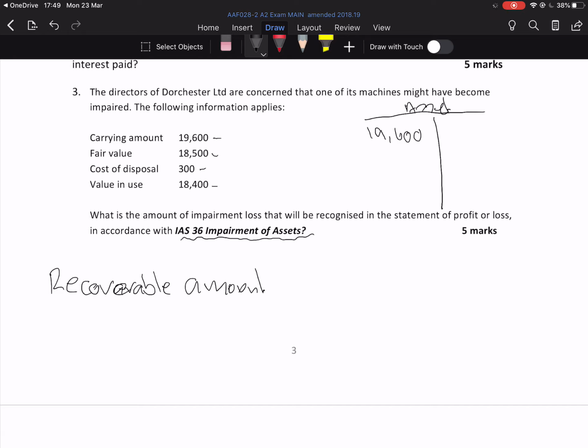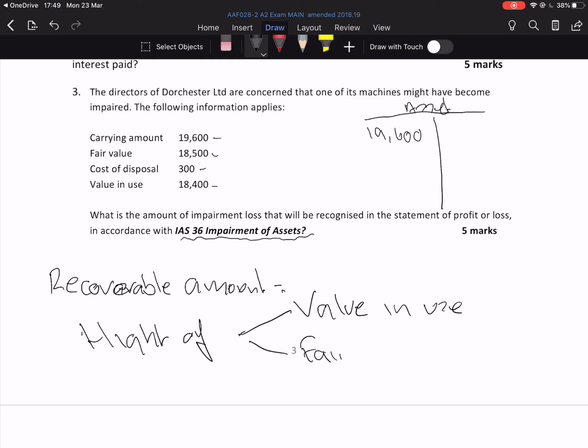Okay. And that equals, it's the higher of what we call the value in use or the fair value minus cost of disposal.